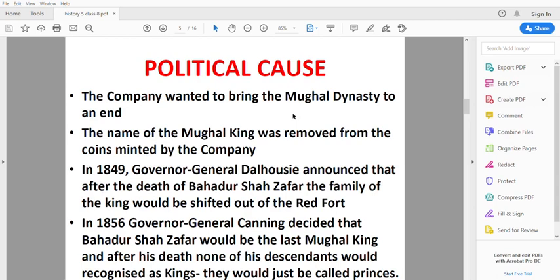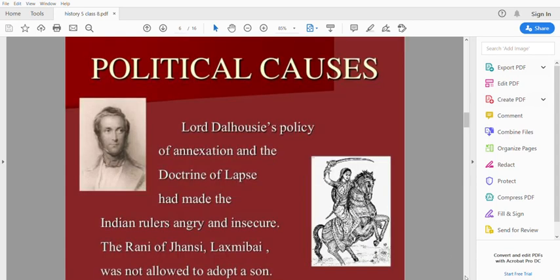In 1856, Governor General Lord Canning decided that Bahadur Shah Zafar would be the last Mughal king, and after his death none of his descendants would be recognized as king; they would just be called princes.